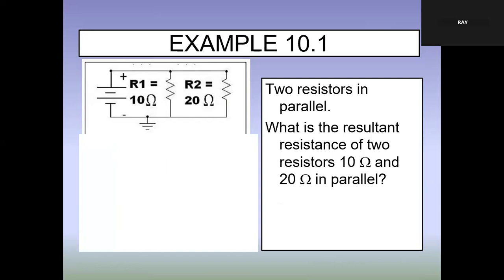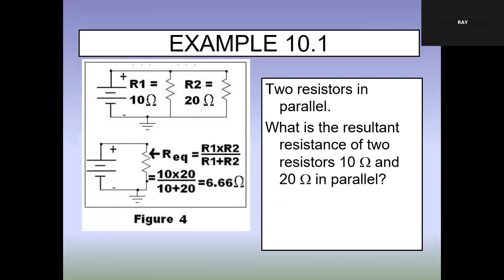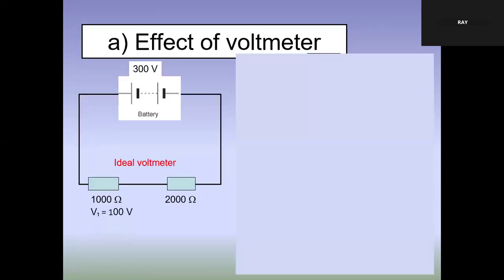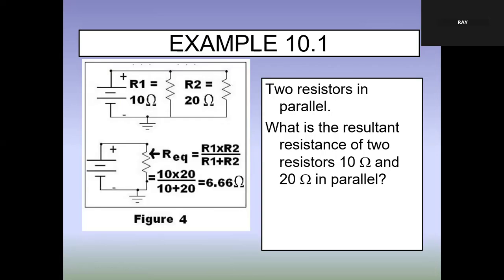3 over 20. Wait, what? 10 times 20 over 10 plus 20, 6.7 ohm. Okay.